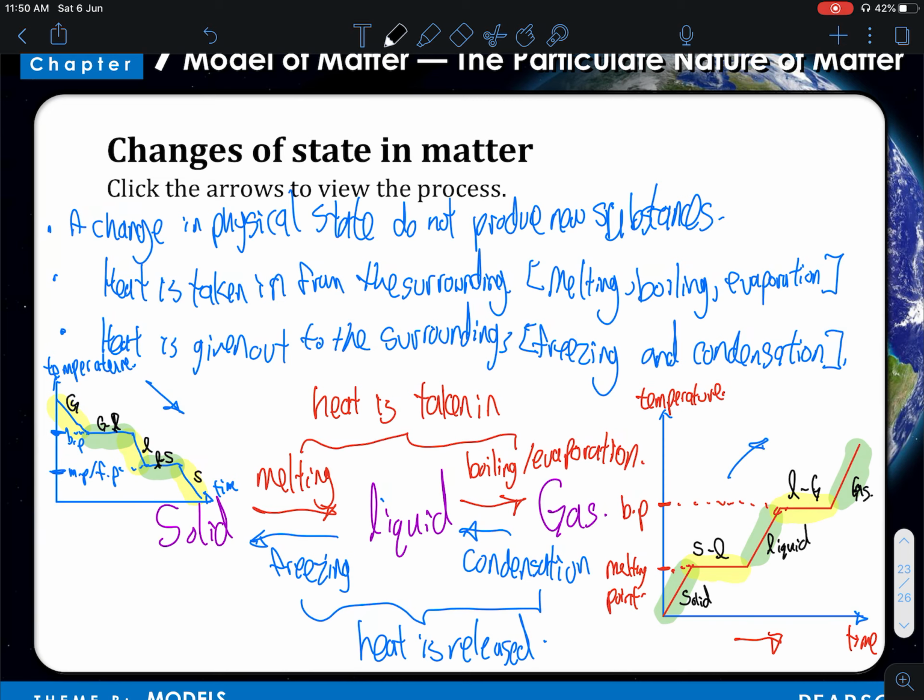Now, if you want to know why the particles are behaving in this way, then please refer to my other YouTube video in chemistry on the kinetic particle theory of matter chapter. Over there, it will explain in great detail how to interpret a graph as well as what actually happens when there's a change in state.